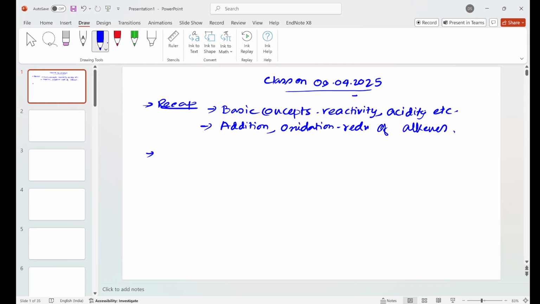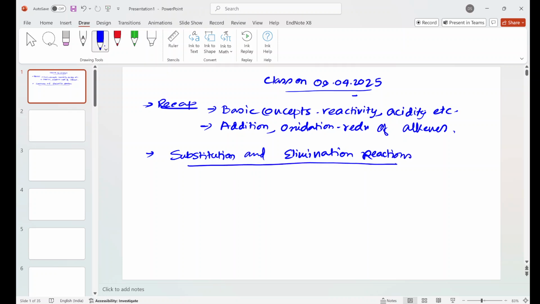So today, what we are going to do, we'll go through the brief recap of the substitution and elimination reactions, and the controlling factors.